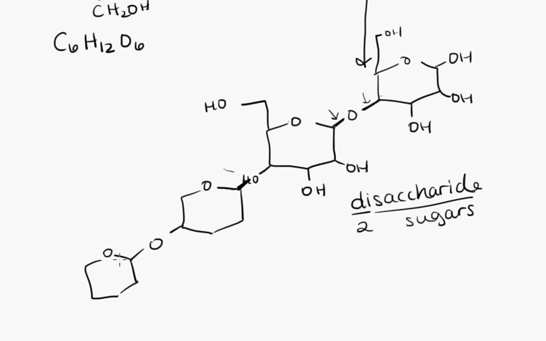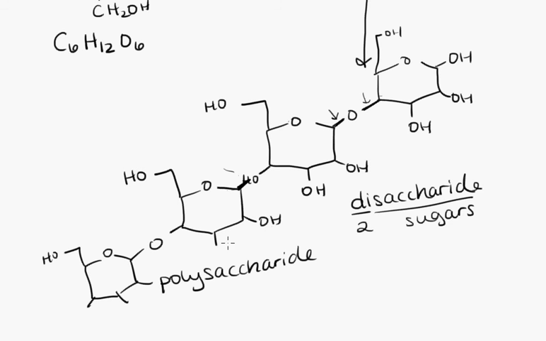And you could just count the number of cycles. And as there's more and more and more, then it becomes a polysaccharide. I've left off the OH groups, but I could add those back on as well. It doesn't matter. So each one of these would be an OH group. And we can just keep adding and adding and adding.